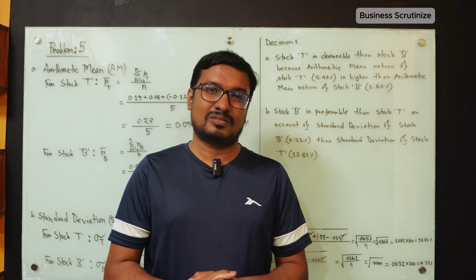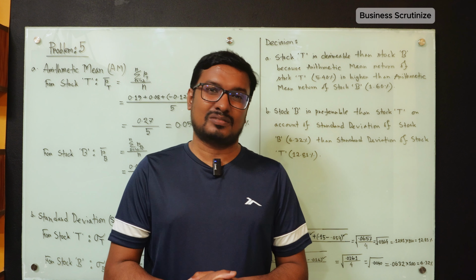So R bar T, the formula, as you can see there, is the sum of R T divided by N. So the return of each year for stock T is summed, and the divisor N is the number of years, or number of returns.